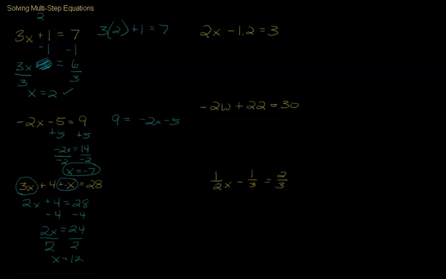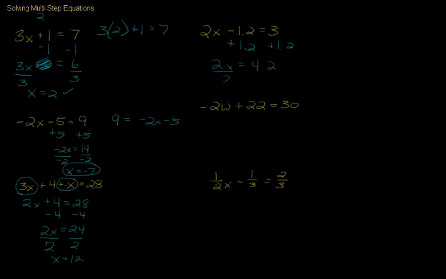Why don't we pause this and you see if you can figure this one out on your own. Even though it's a decimal, you can do it. Since it's minus 1.2, we're going to add 1.2. This equals 0, so 2x equals 4.2.